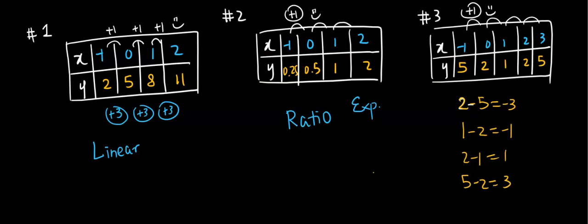We don't see the same difference. How about we divide? We get a ratio. 2 divided by 5. Let's just keep it, 2 over 5. And 1 divided by 2, 1 over 2. 2 divided by 1, that is 2. And 5 divided by 2, 5 over 2.